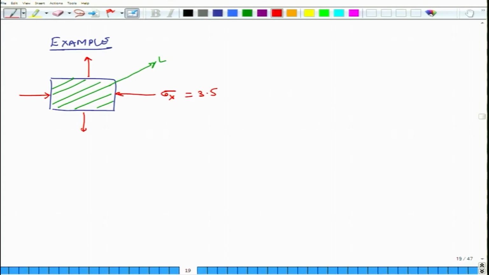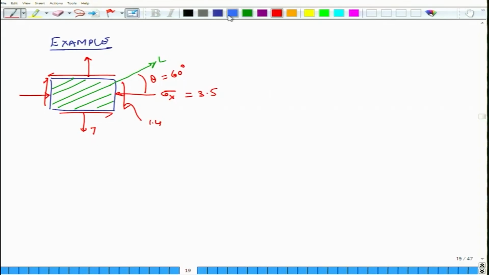That is the tensile load and that value is 7 MPa, and then finally there is also a shear stress, and the shear value is 1.4 MPa, and this angle theta is 60 degrees. Remember we always measure with respect to the x axis, going counterclockwise is positive theta. So, theta is 60 degrees. Okay.